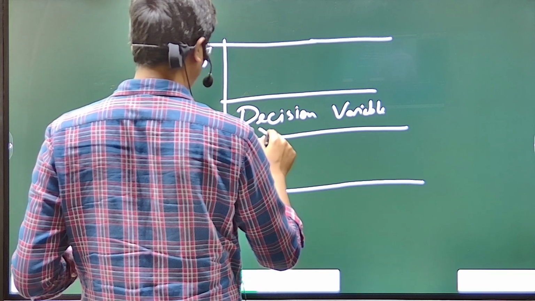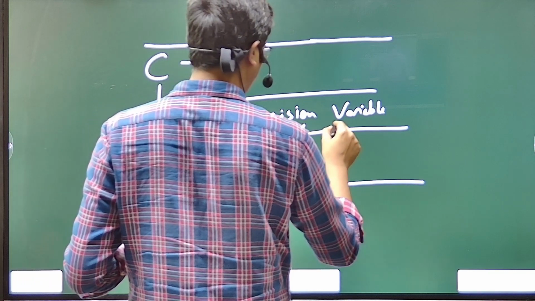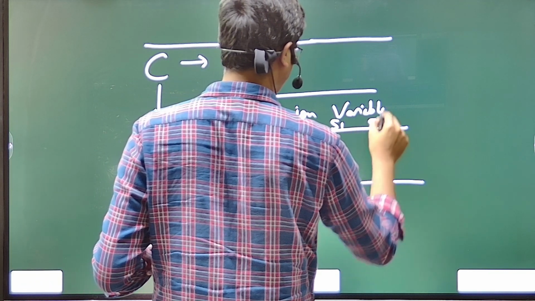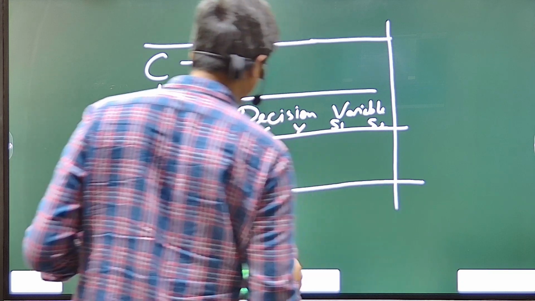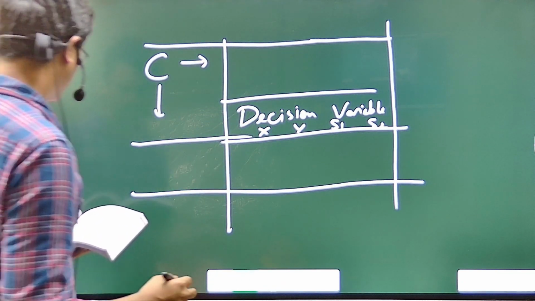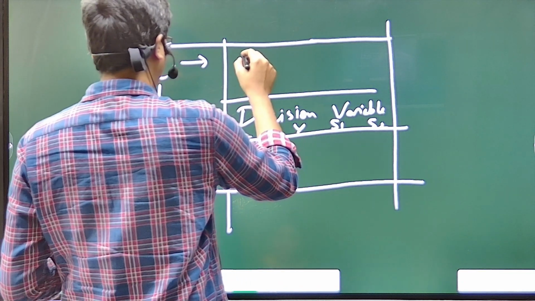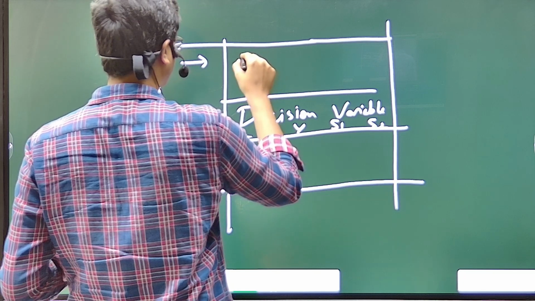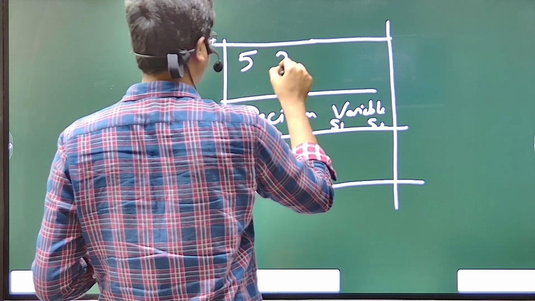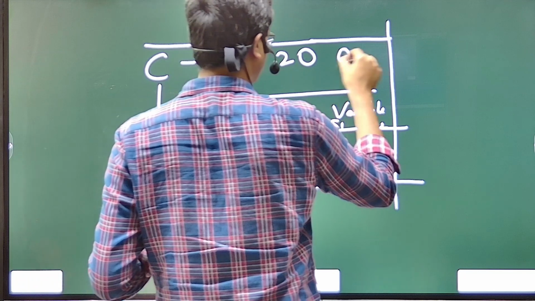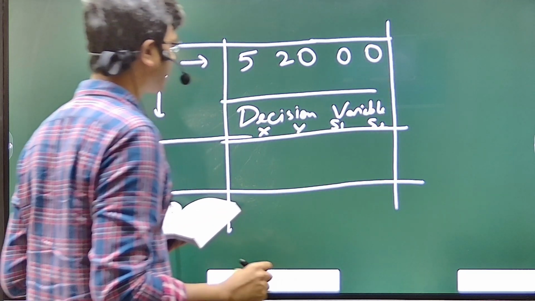You have x, y, and you have your surplus variables s1 and s2. We saw that in the previous problem. So here you will have your maximized problem, right? This is 5 and 20, and you do not have s1 and s2 here. They are 0.